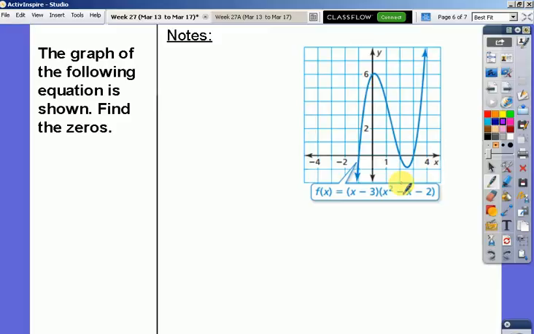If someone asks for x-intercepts, zeros, or roots, they're asking for the same thing. More often, you'll start hearing the word zeros rather than roots, but they do mean the same thing, essentially. They may vary in very subtle ways, but they mean the same thing. Roots, zeros, x-intercepts.